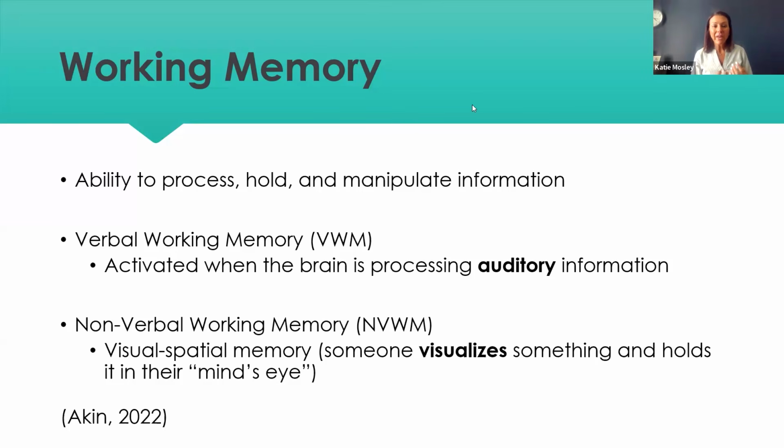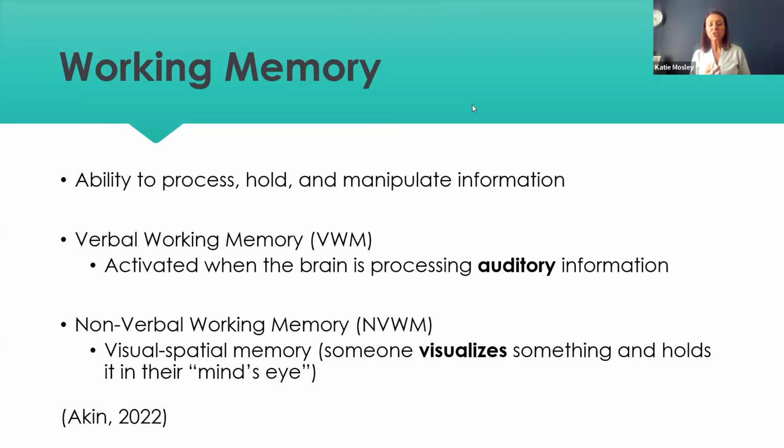One way is what we call verbal working memory, and it's not going to be too shocking to discover that verbal working memory is activated when we're processing auditory information. So when we hear information, our brain processes it one way. But then we have the nonverbal working memory, and this is a visual-spatial memory.